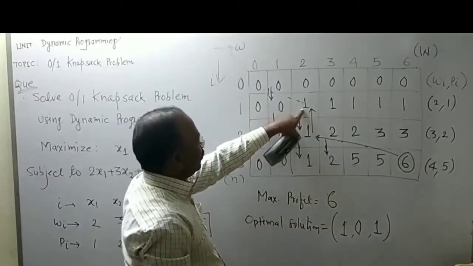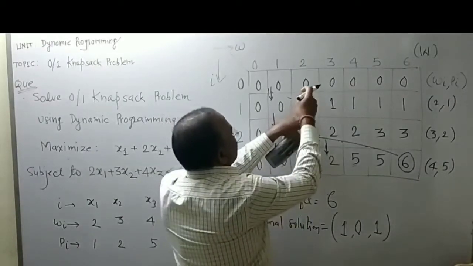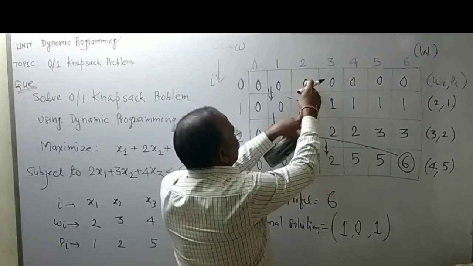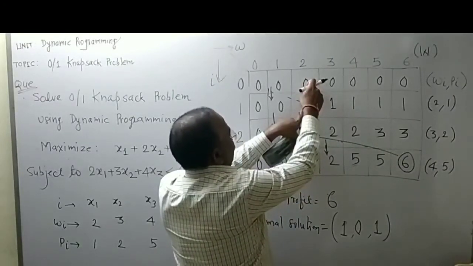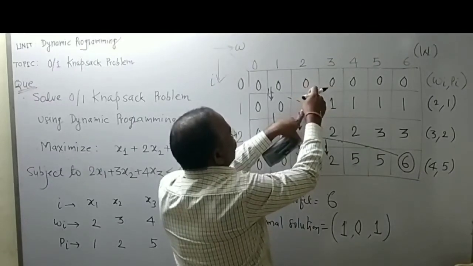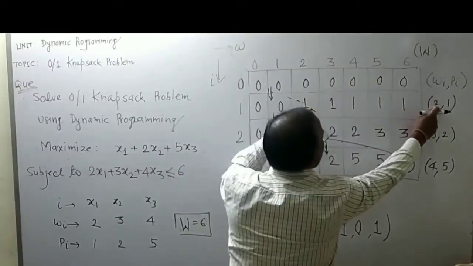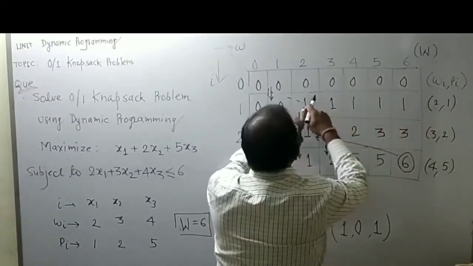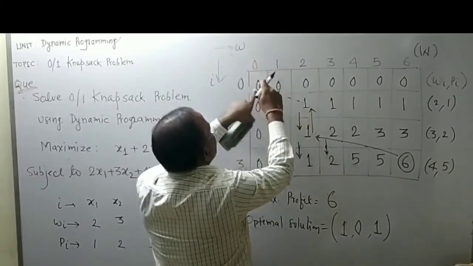Now to find the next column, because this 1 is not equal to 0, we cannot reach this cell. So we have to find the new column using 2 minus 2. 2 minus 2 is nothing but 0. Now we have got the 0th column, means this cell.